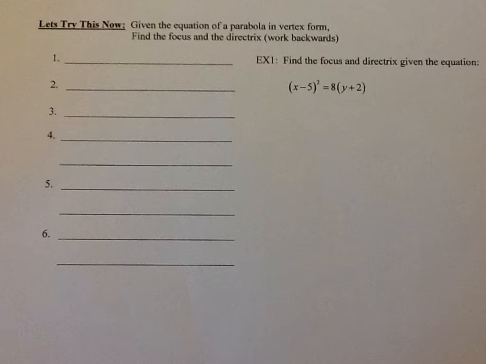So step 1 is to find the vertex. All right, so right underneath the equation, let's write down what our vertex is. I'm just going to use V for vertex. My vertex is (5, -2). Now we want to find the value of p, so that's step 2.